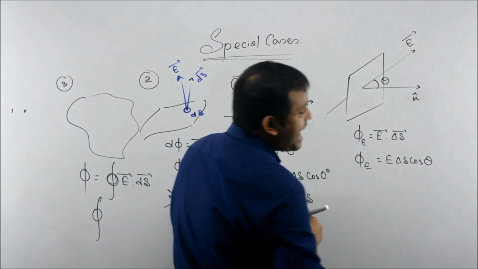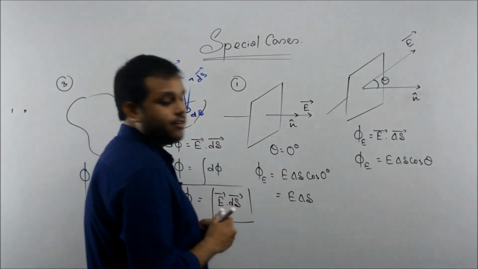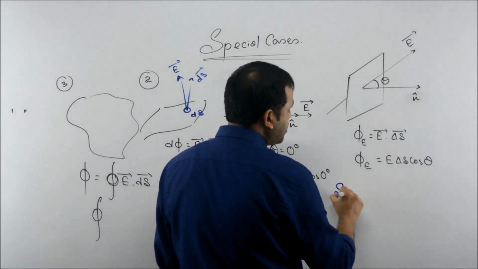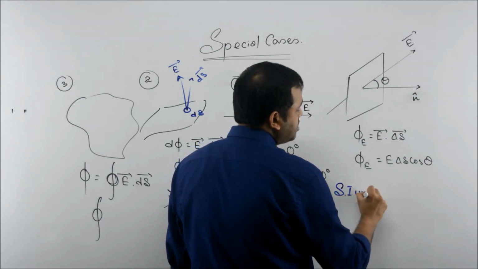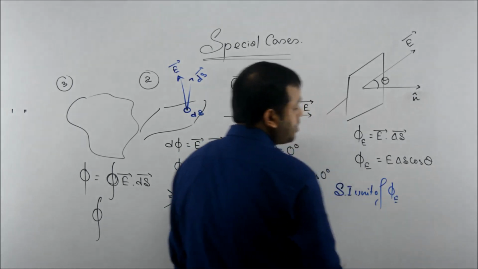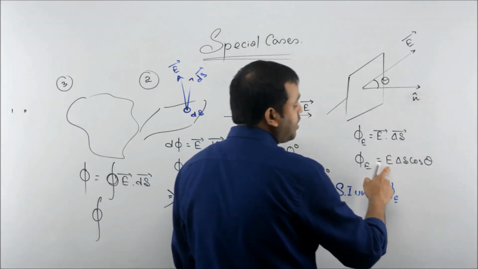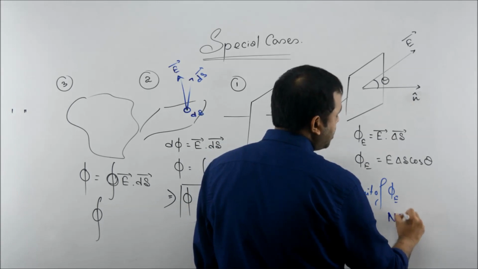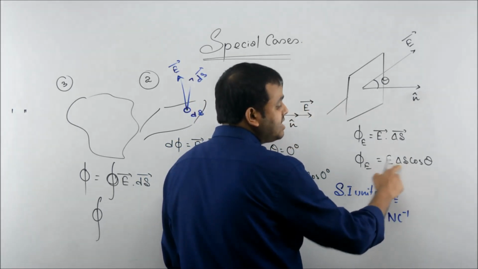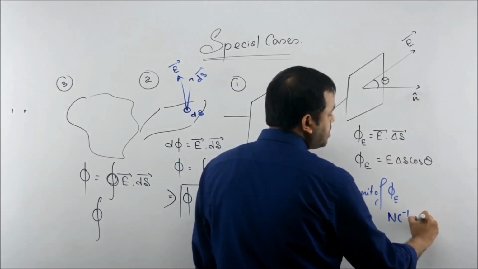Now what will be the SI unit of electric flux? From here only we can find the SI unit of electric flux. What is the SI unit of electric field? It is Newton per coulomb. What is the SI unit of area? It's meter square.